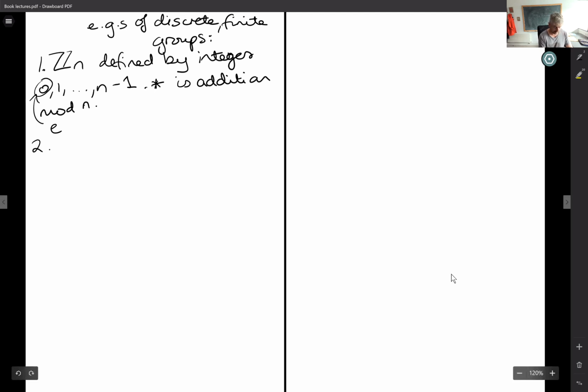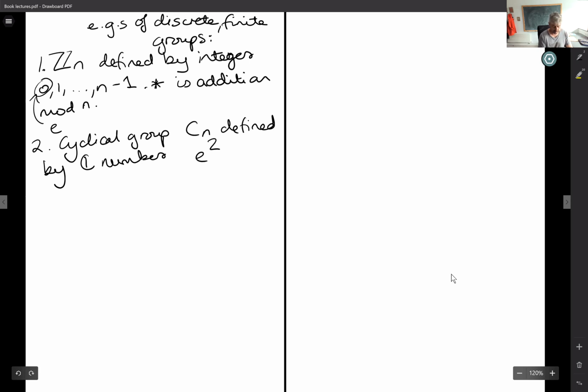The second example I'm going to give you is the cyclical group, Cn, and this is defined by some complex numbers. And these complex numbers will be e to the 2 pi i r over n. So n is in the natural numbers including 0, that's what this N0 means.